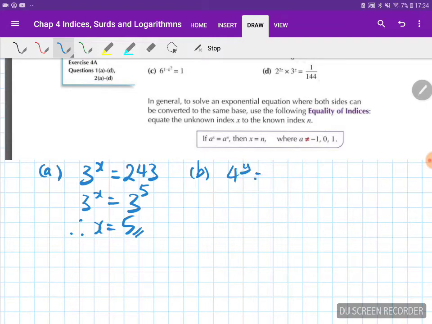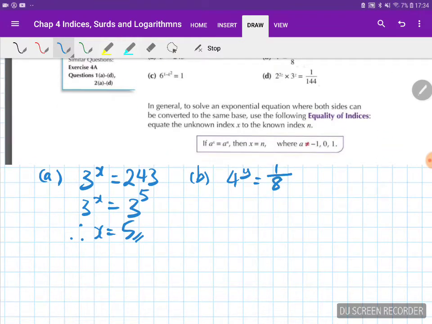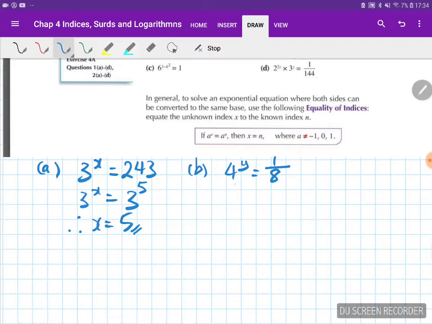Let's look at part B. 4 to the power of y equals 1 over 8. How do we solve this exponential equation? First of all, you can see that the numbers 4 and 8 can be converted to the same base. The base that we choose will be 2. 4 is 2 square, and 8 is 2 cube.